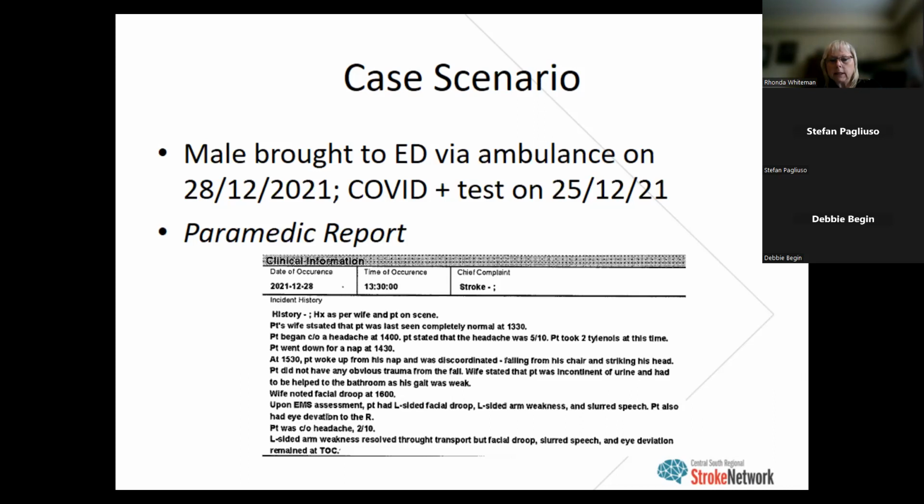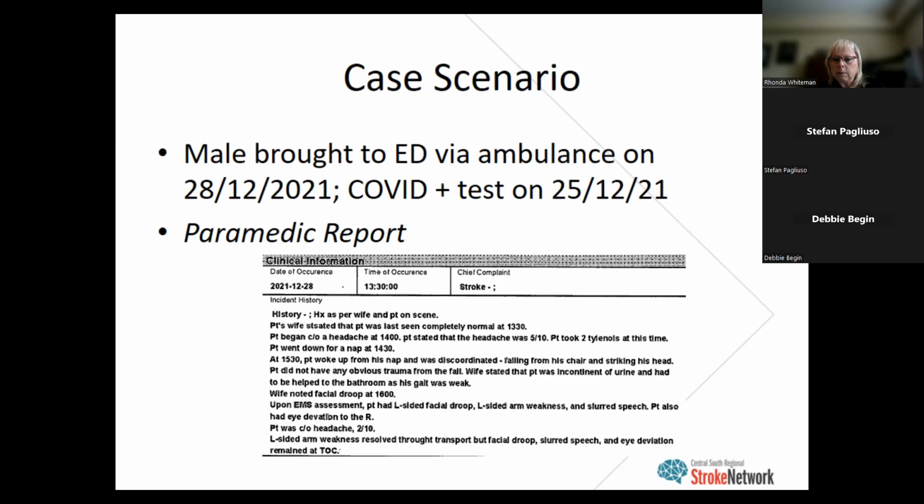The patient began to complain of headache at 1400. He stated the headache was 5 out of 10, took 2 Tylenols at that time, and went down for a nap at 14:30 hours. At 15:30 hours, the patient woke from his nap discoordinated, falling from his chair and striking his head, but didn't have any trauma from the fall.